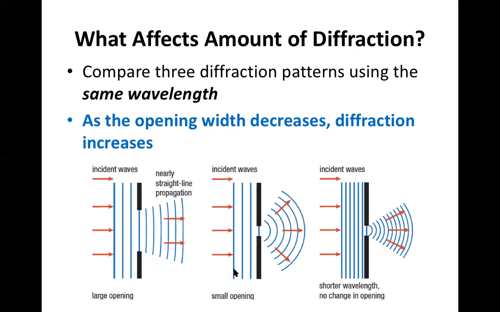However, when lambda is the same size as width, or even much longer than the width, then we get significant noticeable diffraction. This third diagram puts those two things together. So you've shortened the wavelength and the slit was smaller than this one. So a small width.